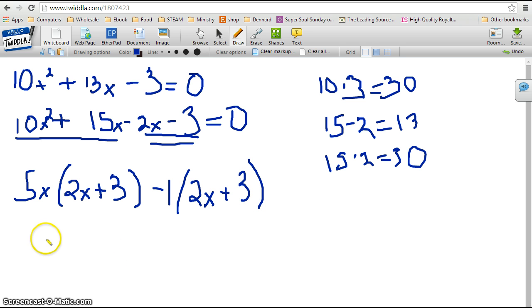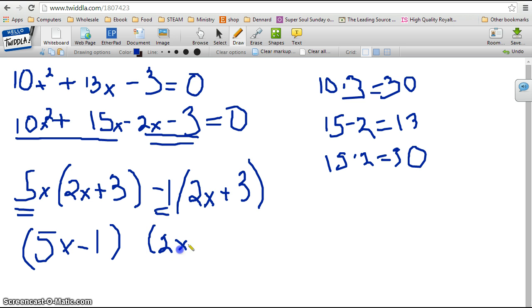Okay? Now, what I'm going to do is take the numbers on the outside of the parentheses, 5x minus 1. And if you notice, inside of the parentheses, it's the same thing. So you just bring that down: 2x plus 3.